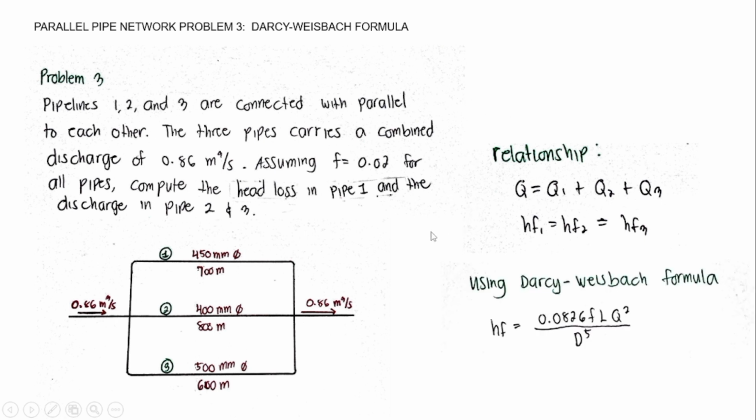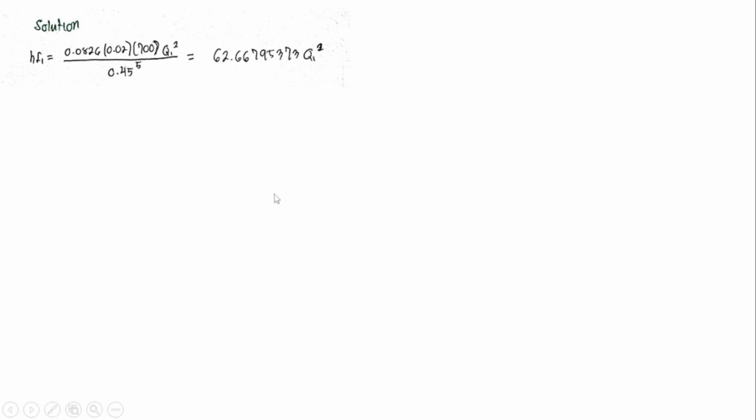So using the Darcy-Weisbach formula, hf equals 0.0826 f L Q squared all over D raised to 5. So we are also going to find the value of the major head loss in terms of each discharge.